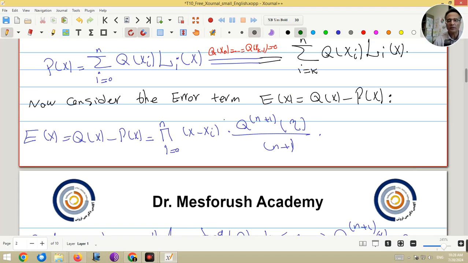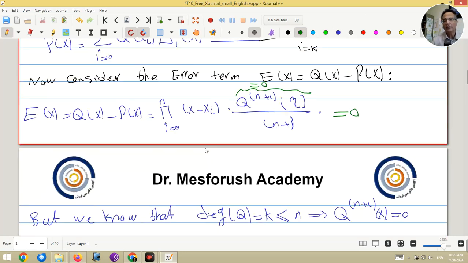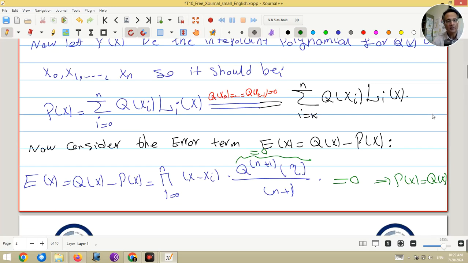So this term should be 0, and this means p of x equals q of x.